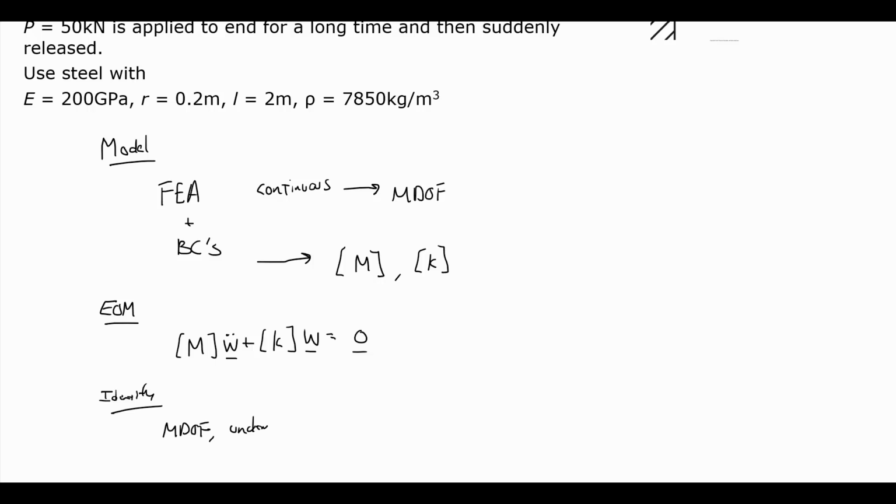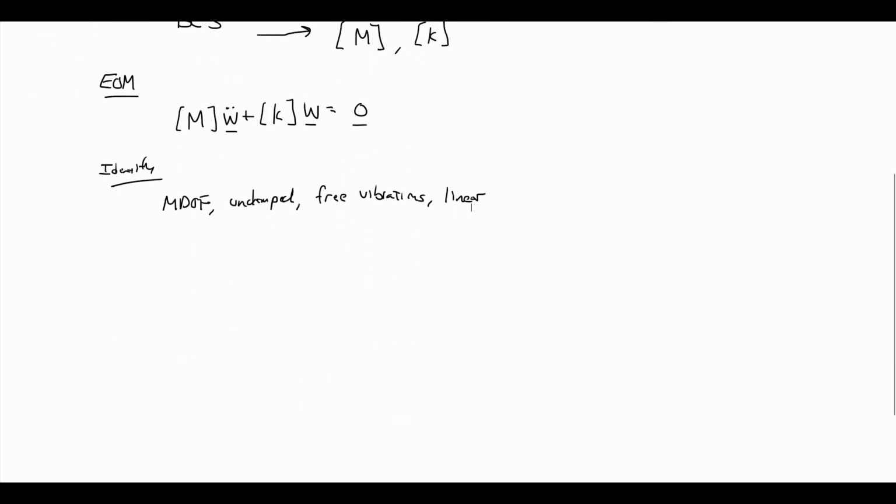Well, we know how to handle those systems from Unit 2, and it will be free vibrating because the right-hand side is going to be 0. And this whole thing is going to be linear, the way that we are doing our finite element analysis. Since it's MDOF, undamped free vibration, we know from Unit 2 how we're going to be able to solve our system for the behavior of the degrees of freedom.